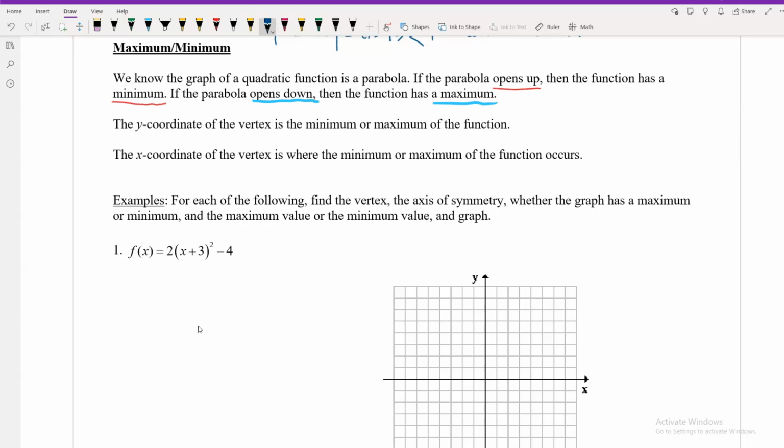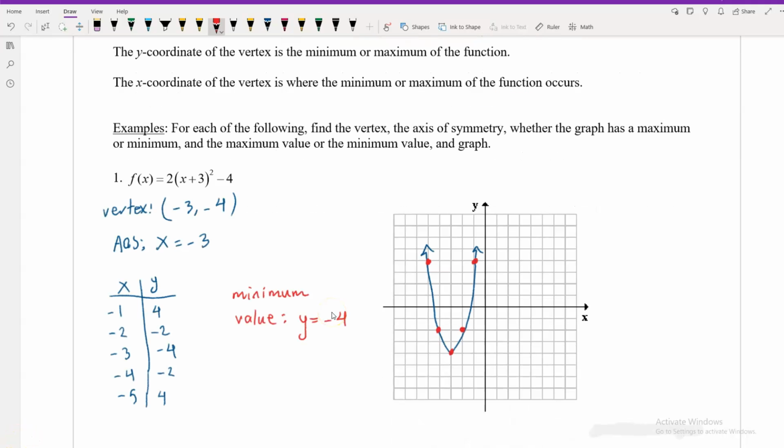We're going to find the vertex, axis of symmetry, graph, and find the maximum or minimum. So here the vertex is negative 3, because here we have x minus negative 3, so negative 3, comma negative 4. The axis of symmetry is x equal to negative 3, based on what we have here.